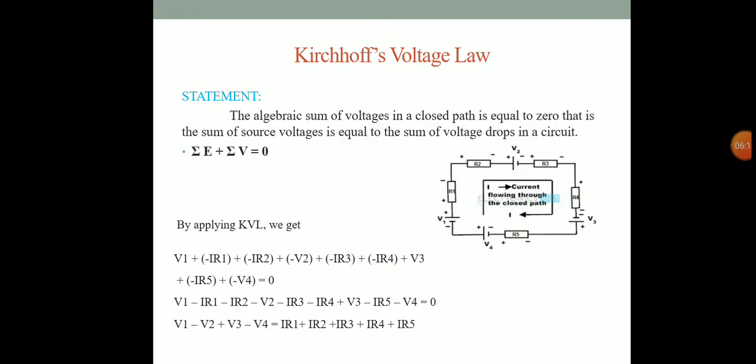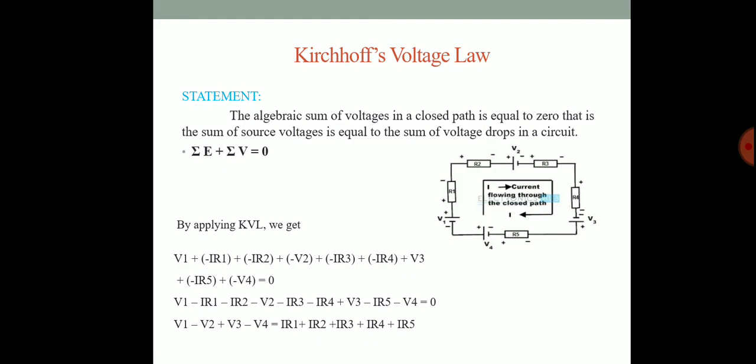Kirchhoff's voltage law. The statement of Kirchhoff's voltage law is that the algebraic sum of voltages in a closed path is equal to 0. That is, the sum of source voltages is equal to the sum of voltage drops in a circuit.